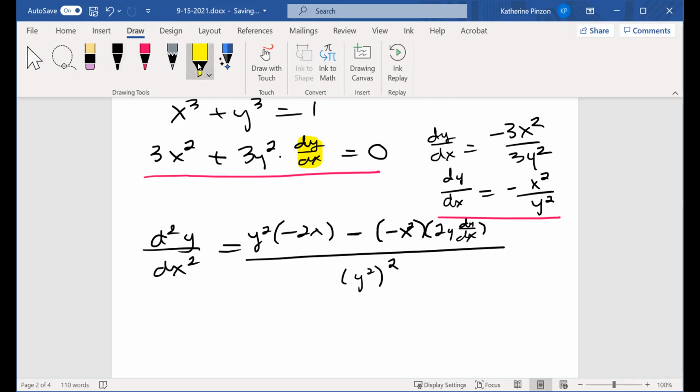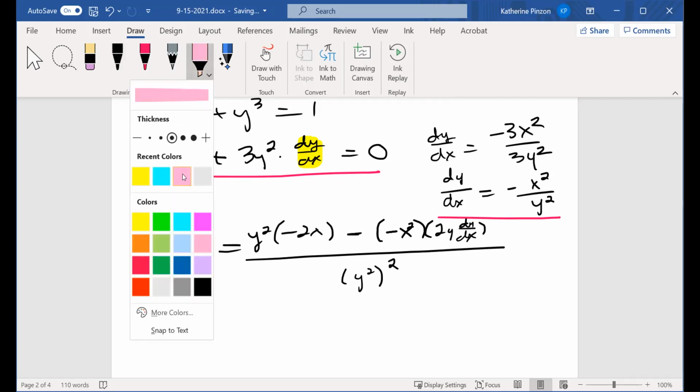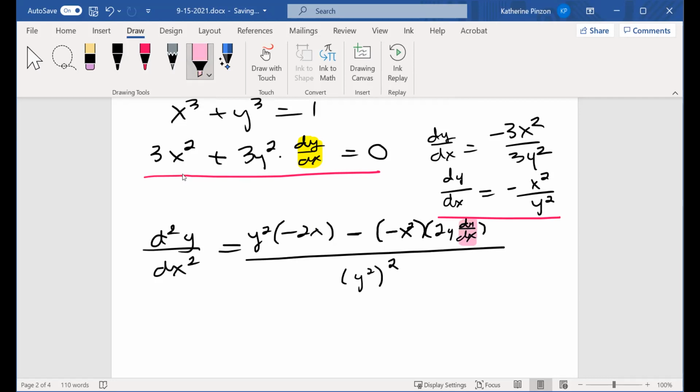The tricky part is that you can't enter dy dx into the answer box, right? So what are you going to put in here for dy dx? Yeah, whatever this was, right? In this piece where it says dy dx, you're going to enter that negative x squared over y squared piece, or the negative 3x squared over 3y squared, doesn't matter. Negative 2xy squared.